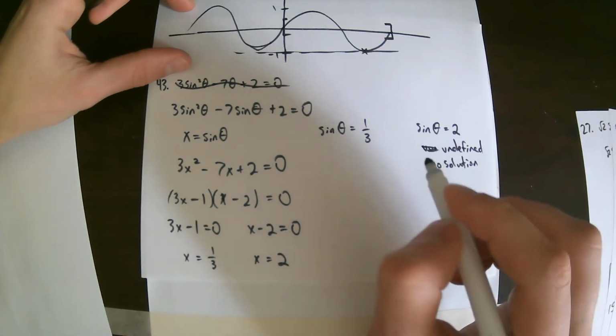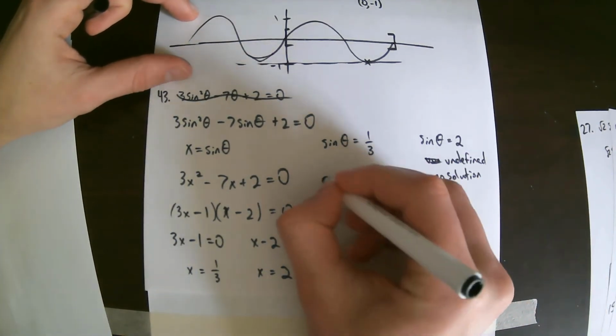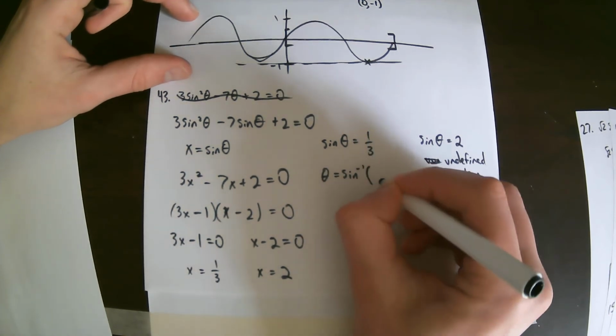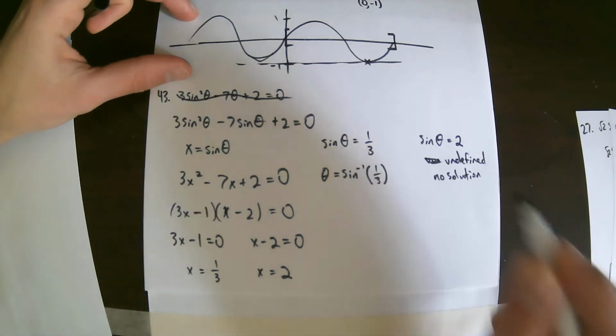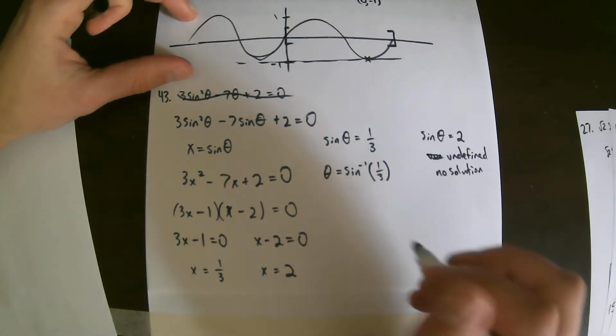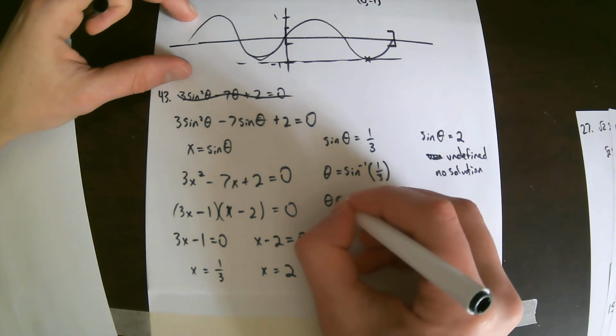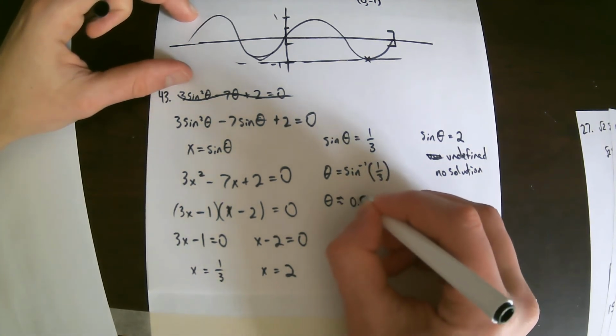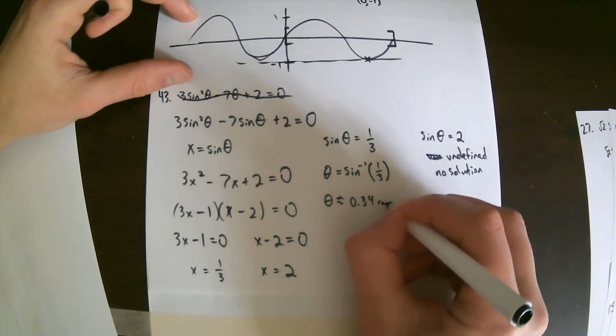It's close, it's 1/3, but what we're going to have to do here is actually use the inverse sine function and use our calculator to approximate. And I'm getting theta is approximately 0.34. This is in radians.